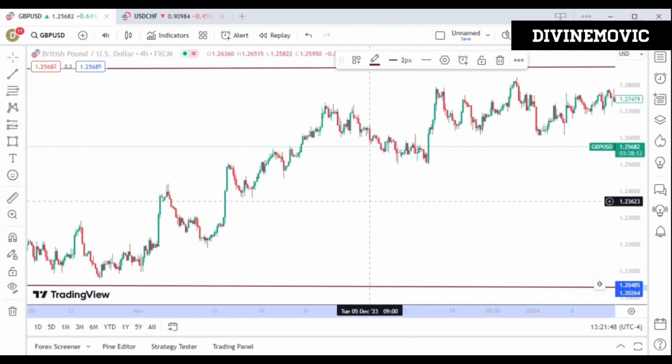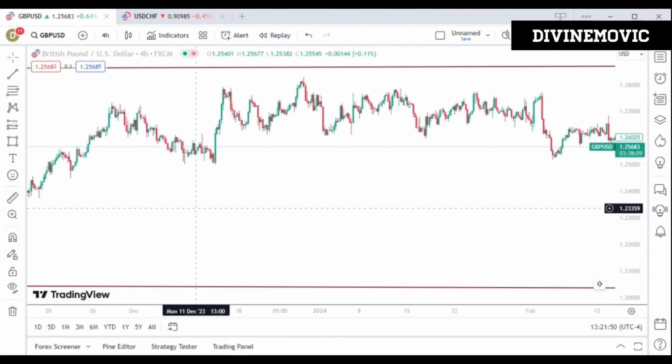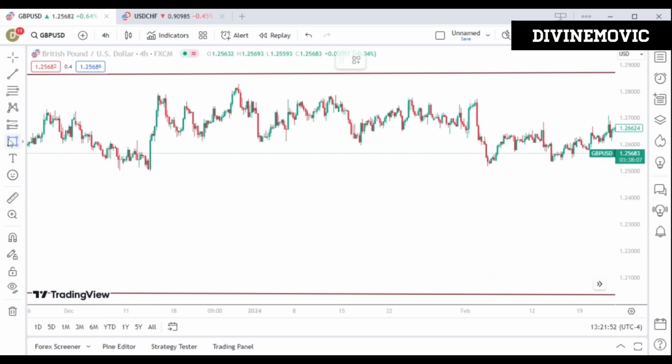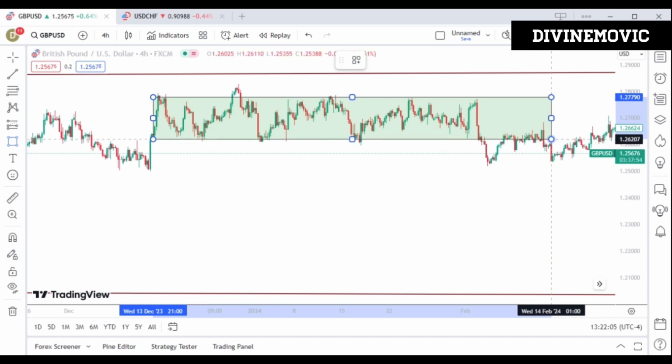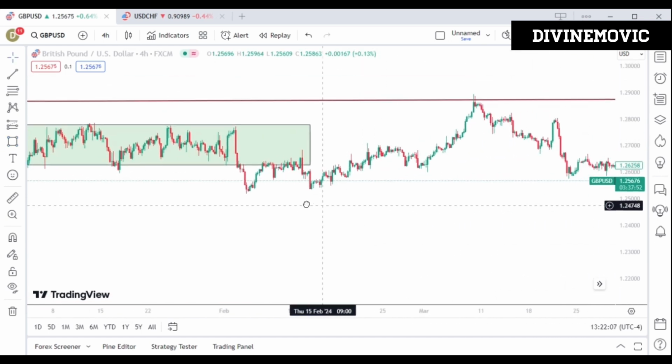So at this point, price was in an uptrend here. And at a point, price went into a ranging phase. But remember, we are focusing on what price is doing at the support key level and at the resistance key level. So when price was in ranging phase here, price didn't get to our resistance key level. Now, when price got to our resistance key level, what did price do?